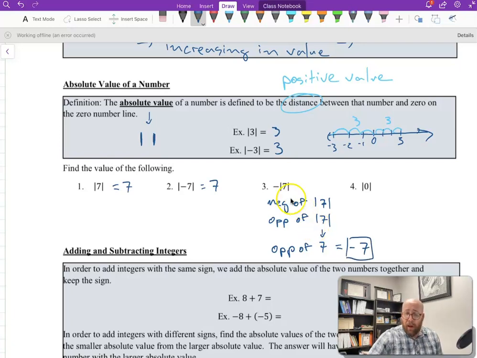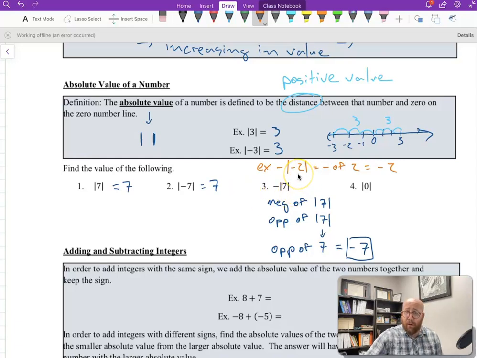So, whenever you see a negative sign in front of the absolute value bars, it's asking for the opposite of the absolute value of 7. So, just another quick example. If I had the opposite of the absolute value of negative 2, this is going to be the negative of 2, which is going to be negative 2.